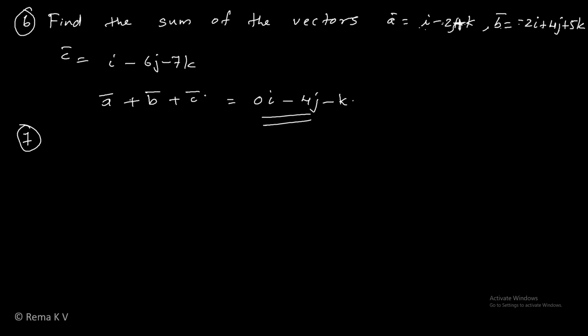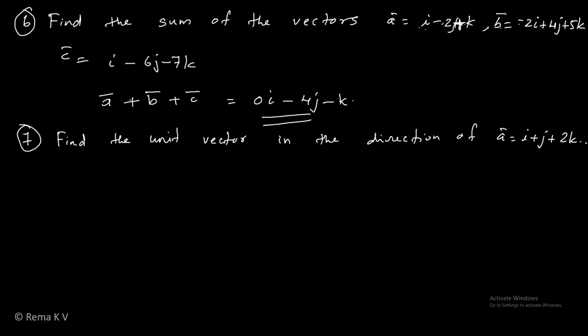Okay, next one. Find the unit vector in the direction of A, which equals i plus j plus 2k.